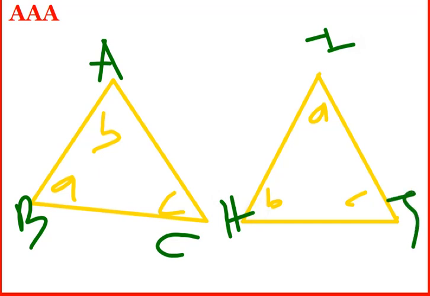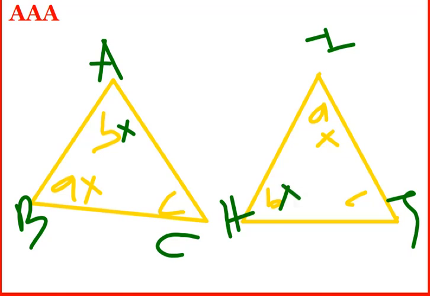We can see that in triangle ABC and triangle IHJ, angle I is equal to angle B. So let's mark it with the same color. Angle A is equal to angle H. So let's do that.